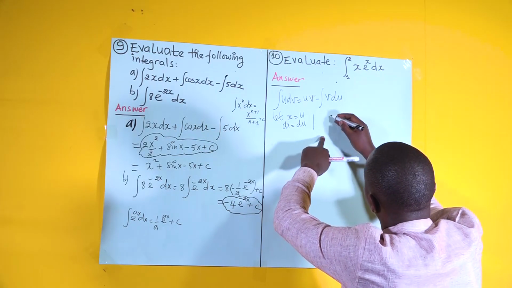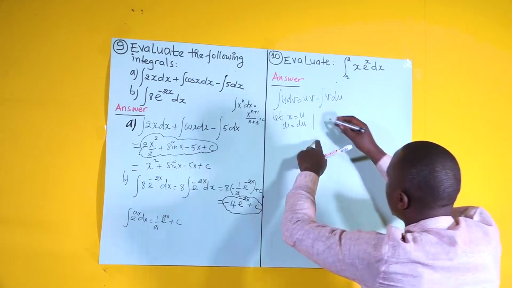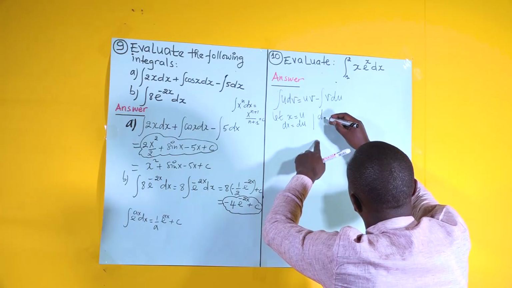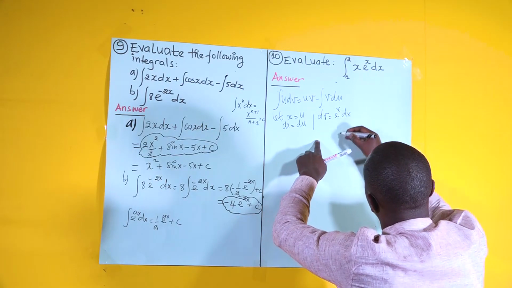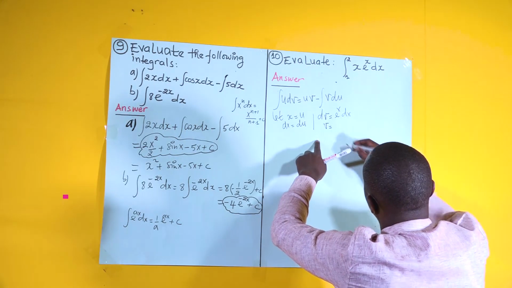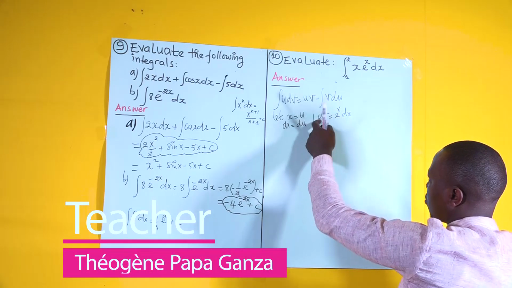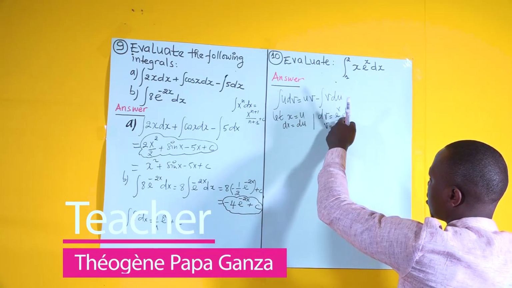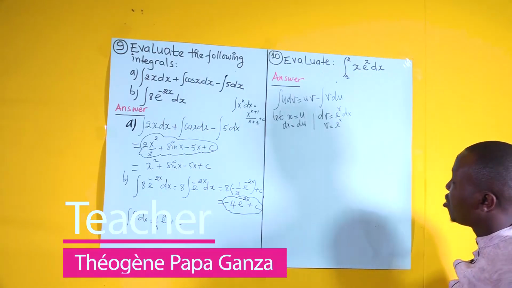Then what remains, e to the x dx, we let be dv. So dv equals e to the x dx. How can we find v? We make integration here and also here. Integration of dv gives us v. Integration of e to the x dx gives us e to the x, because the integration of e to the x does not change.